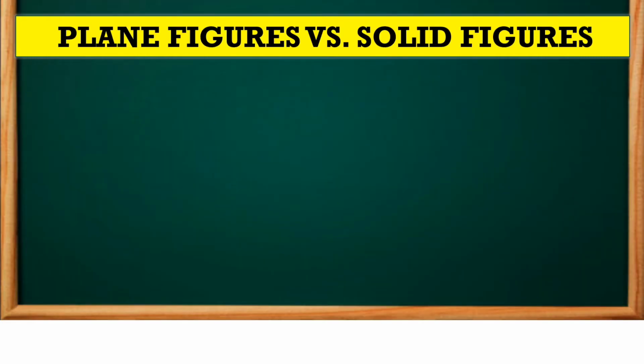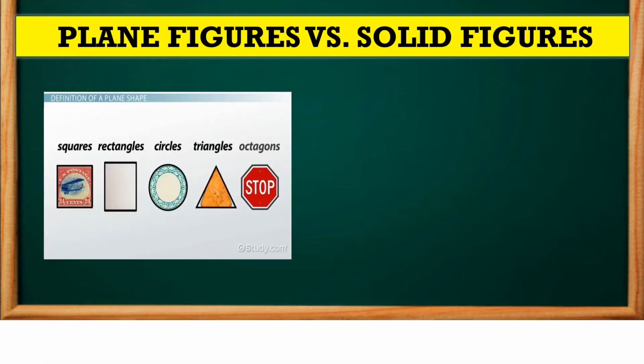Now, before we start, let's have this example first. We have here the plane figures versus the solid figures. These are the examples of the two-dimensional figure, or what we say a plane figure. Square, rectangle, circle, triangles, octagons, lahat ng mga shapes na natutunan natin during the elementary days, those are the plane figures.